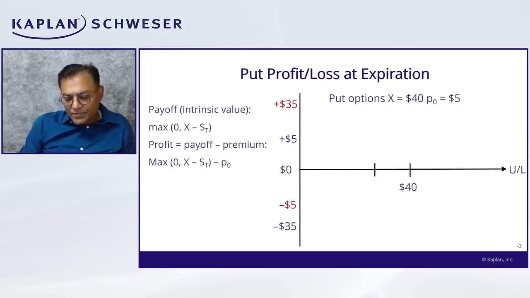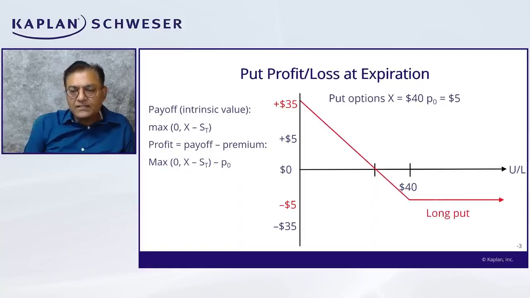Now, for a put option, the expectation for the long party is actually that the price decreases. The buyer, the holder of the option, is betting on the price dropping. And again, we are keeping the exercise price the same as $40, put option price still the same at $5, just an example here. So for the long party, the put option is in the money when the stock price is below the exercise price.